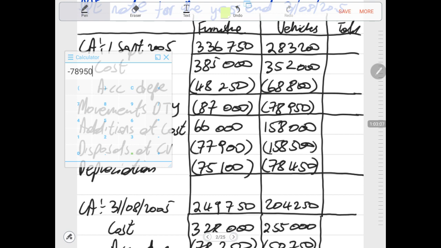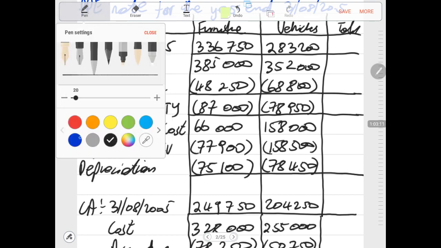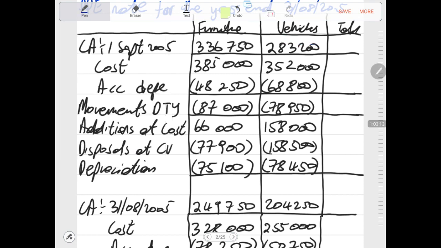Now, how do I verify my numbers? Verification says that my opening balance plus or minus the movement, depending on the sign, in this case it is minus, must give me the closing balance.